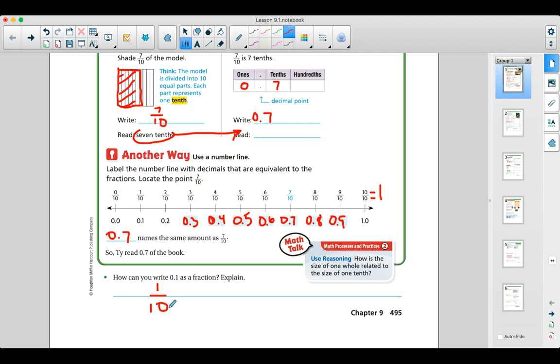Explain. 1/10 is the same as 0.1. The 1 is in the tenths column. Okay, let's go to the next page.